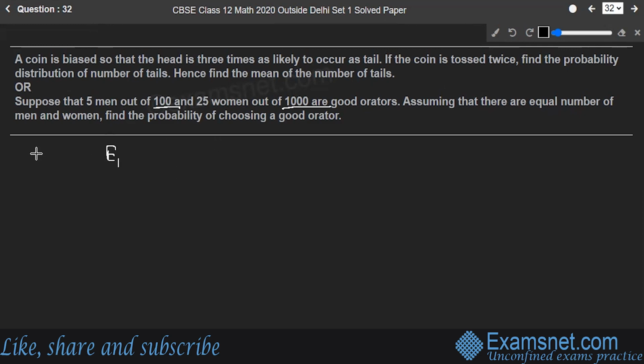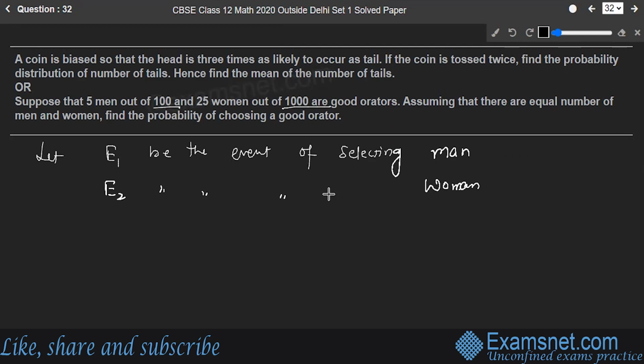Let's say E1 be the event of selecting a man, and E2 be the event of selecting a woman.